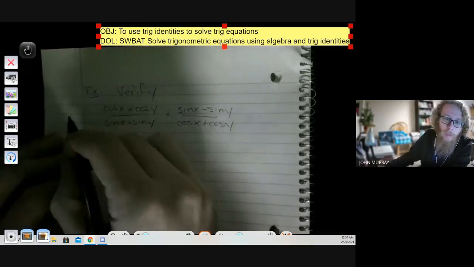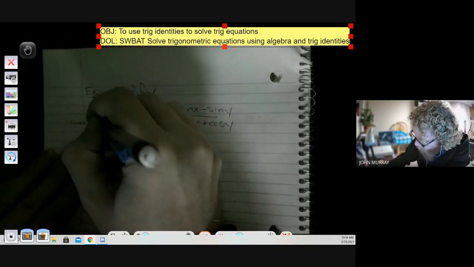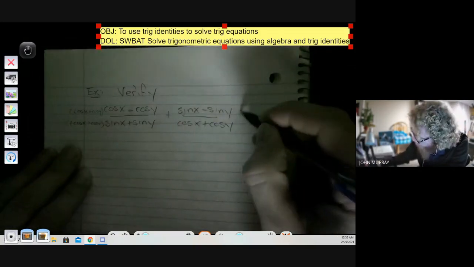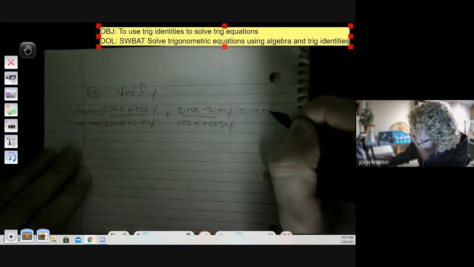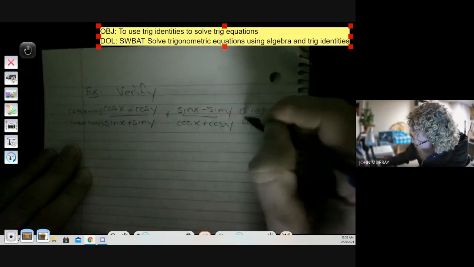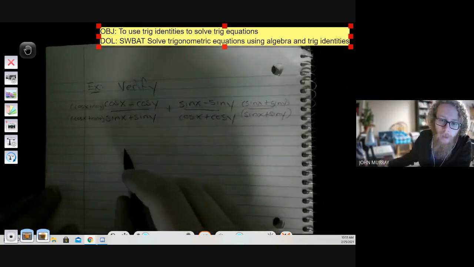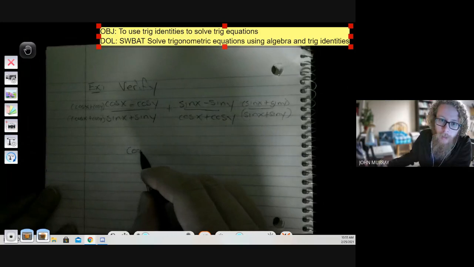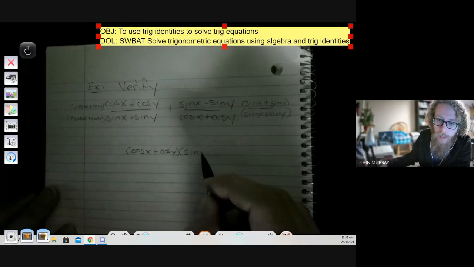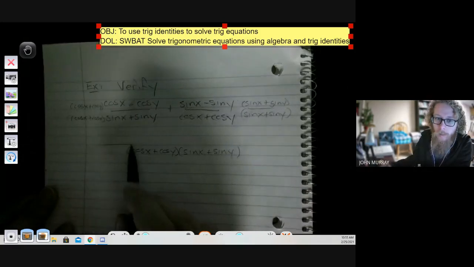So this side I'm going to multiply by cosine x plus cosine y, and this side by sine x plus sine y. I'm going to have one denominator, and I'm going to keep it separated: cosine x plus cosine y times sine x plus sine y.